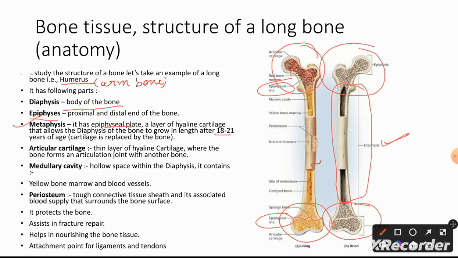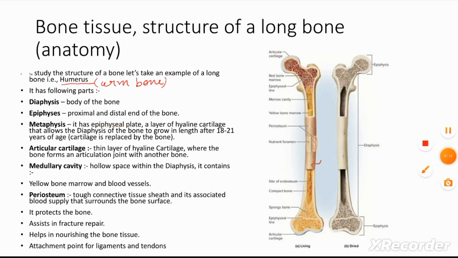Before 18 to 21 years, a cartilage section is present, but later this cartilage is replaced by bone, which results in the formation of these lines, later known as epiphyseal lines.